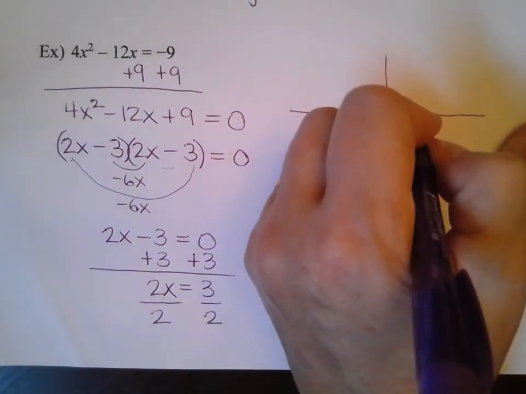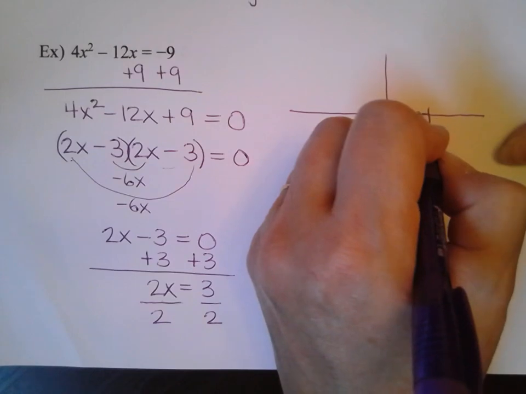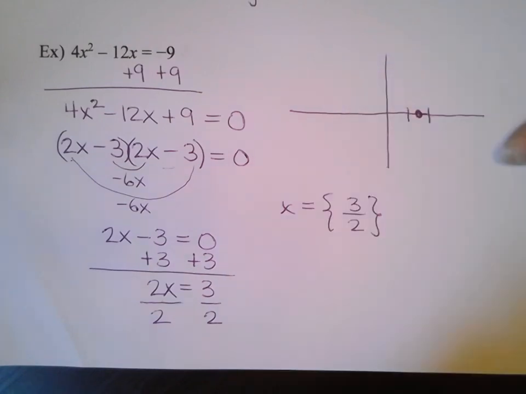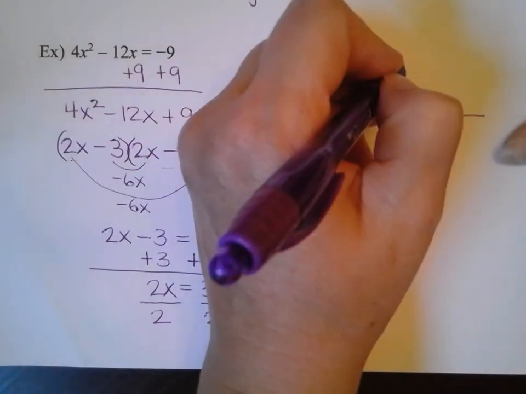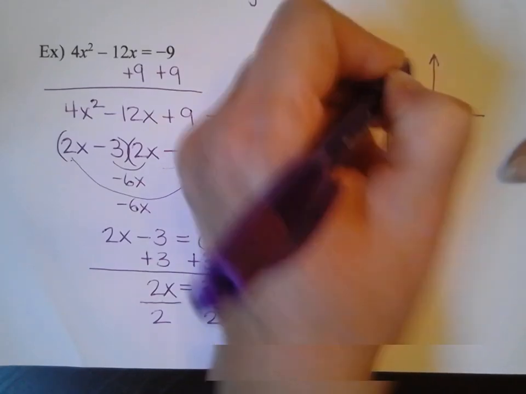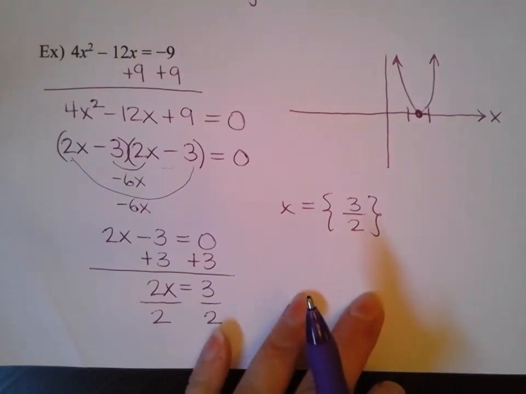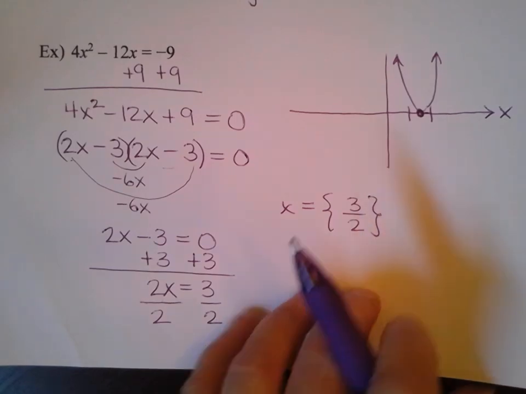This one is going to touch at, we said 3/2 is about 1.5. Okay, and so this parabola just touches the x-axis at one single point, right at the vertex. And that's what's happening when we just get one answer. Okay, so that's the factoring method.